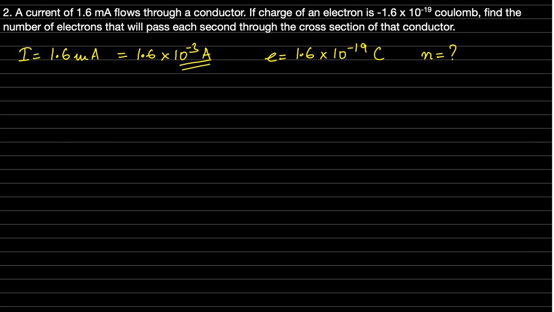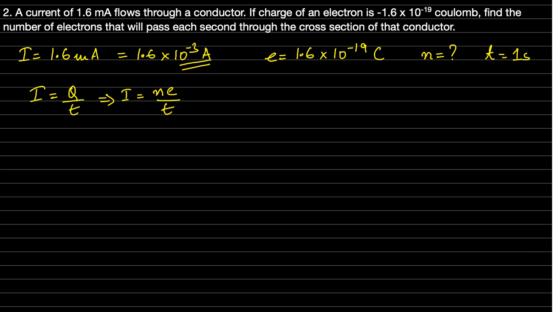Each second means time is equal to 1 second through the cross section of the conductor. Now we'll be using the same formula which we used in the last question, that is I is equal to Q by T, or we can write I is equal to n into e divided by T.